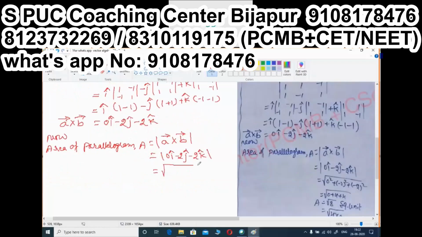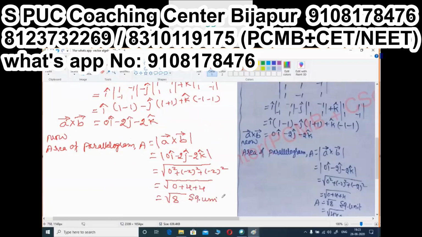Yes. So root of 0 square plus minus 2 square plus minus 2 square. Then it is going to come out as 0 plus 4 plus 4. That is root 8. That much also you can write, that is root 8 square units.